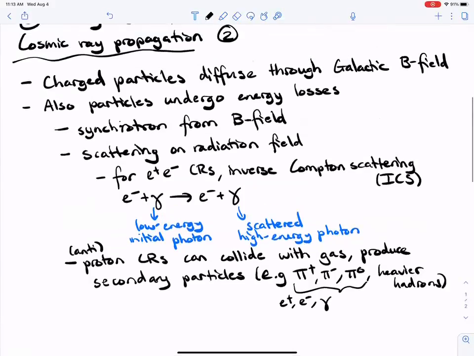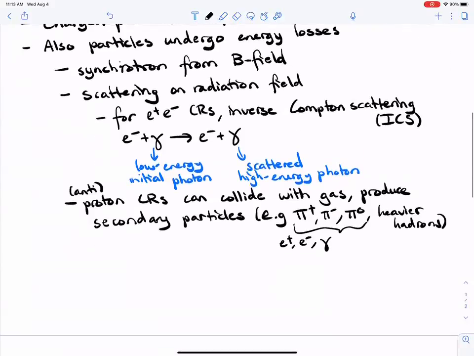Okay, so we need to model all these processes to understand both the signal and the background for charged particles produced through dark matter annihilation and decay. Typically, to do a real analysis for this, you use numerical tools. You can do a back of the envelope estimate to get an idea of how things work, and that's what we're going to do today. But for realistic applications, you use numerical tools to handle this propagation.